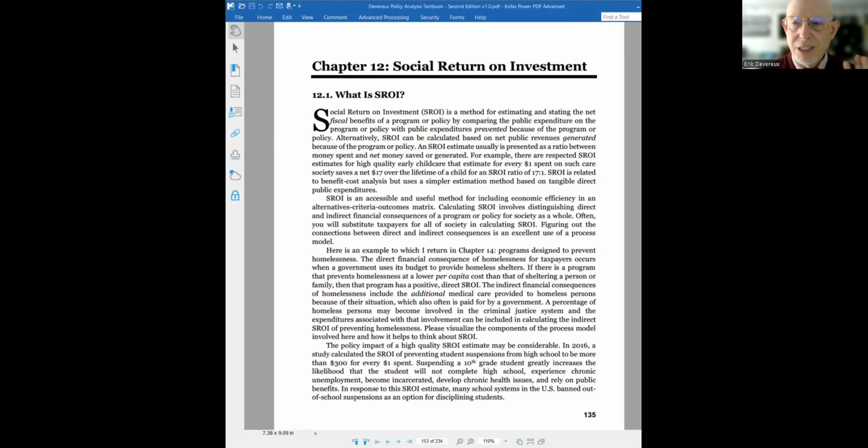The most important broad point I want you to take away from here is that social return on investment is a very feasible approach to thinking about efficiency that looks at direct and potentially indirect costs to the taxpayer. And so the taxpayer becomes the surrogate for a measure of the public interest, the public good, or the client's overall interest in a particular policy problem.